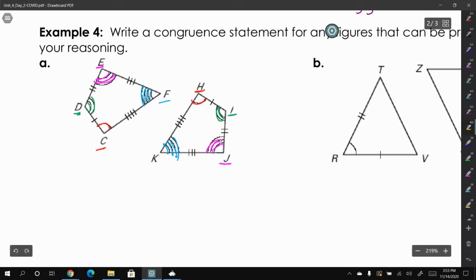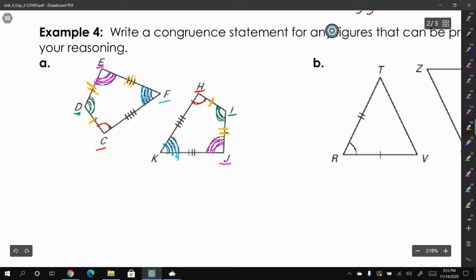Also, DC and HI, they both have one tick mark on that segment, so those two segments are congruent. DE and IJ both have 2 tick marks, so that means those two segments are congruent.